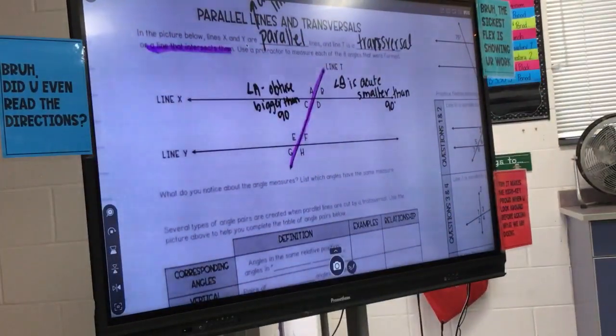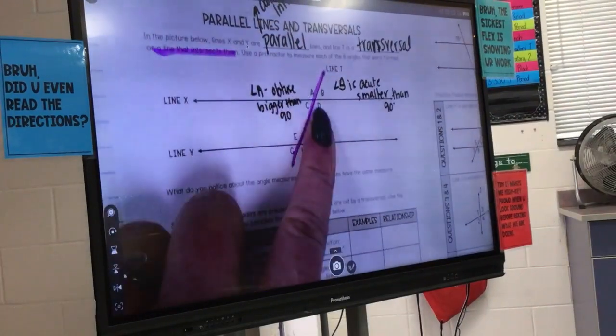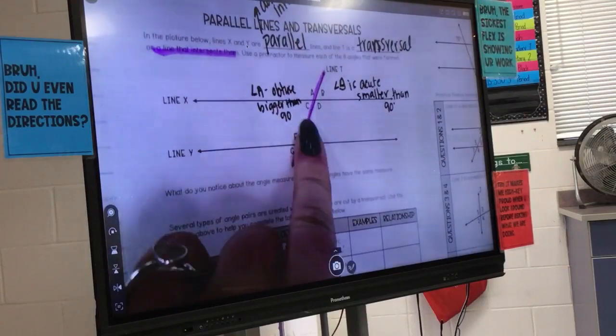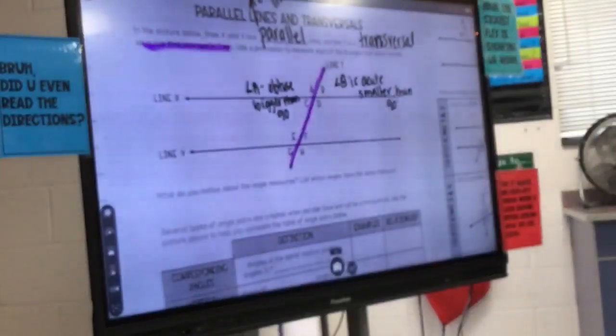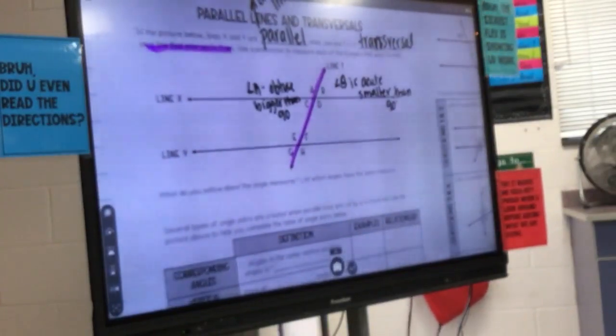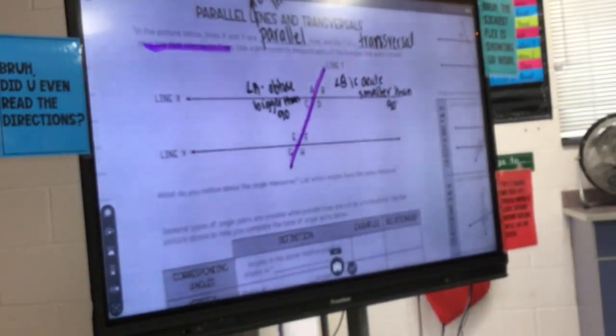Tell me something that you notice about angle A and angle D. So this one and this one. What do you notice about those two? Ben? They're the same. Right. They're opposite angles, essentially. Or there's another word that we use. Do you guys remember? No? Nobody remembers? All right.